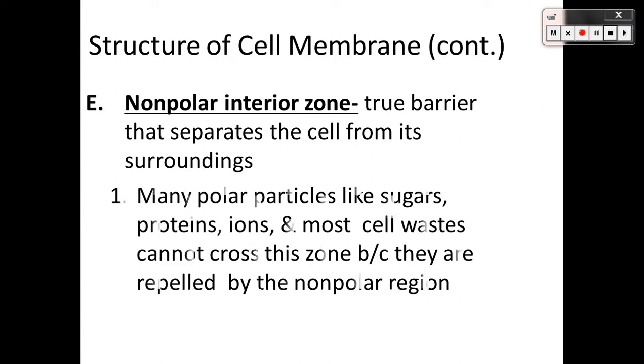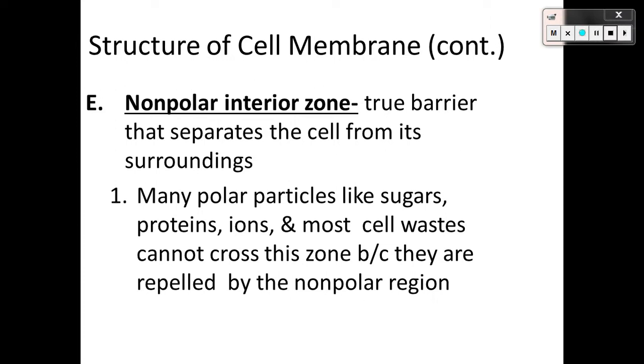And this is important, because there are many particles, like sugars and proteins and everything, that may want to come through, but they cannot cross this zone unless they are brought in by a protein carrier or something like that. Partly because they're being repelled by this nonpolar region. So unless you're nonpolar or uncharged or small enough, you cannot cross that membrane.